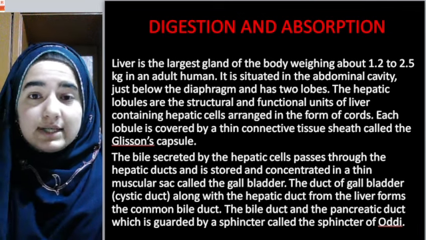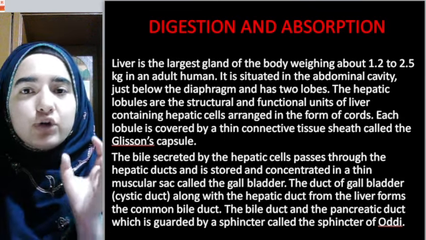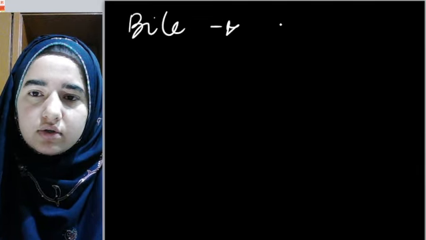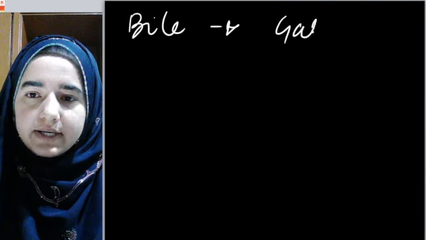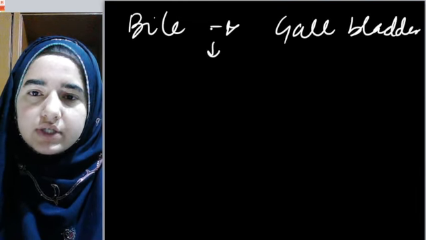Now, this bile is transported through the hepatic duct to the gallbladder, which is a muscular organ.